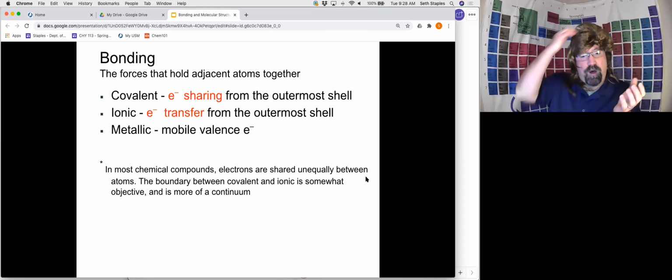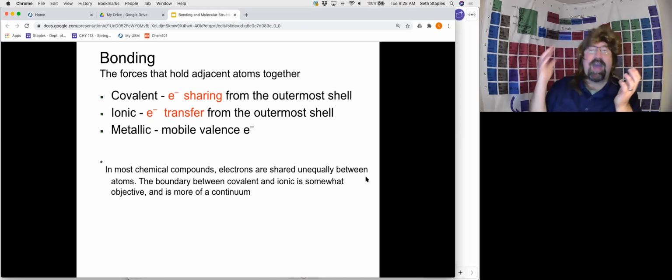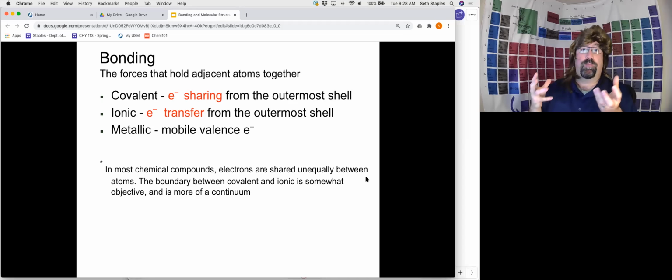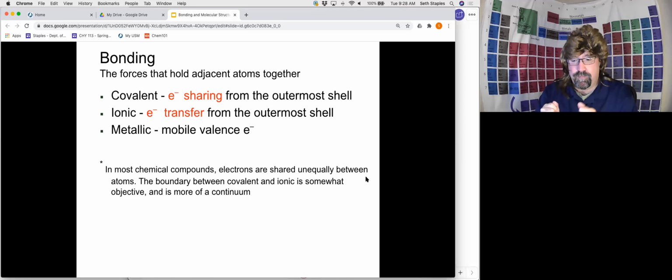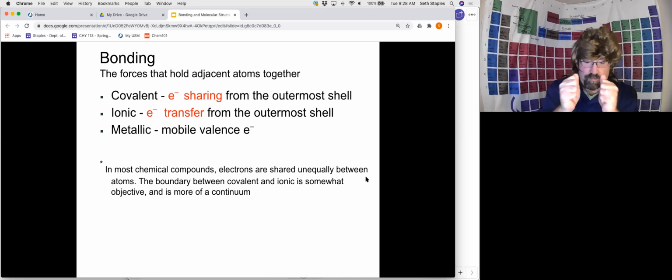We also have metallic bonding, which we're not really going to get into much in this course here. But with metallic bonding, for instance, if we're looking at a pure gold bar, fortunate enough to maybe have a nice big gold bar, the bonding between the gold atoms in there, really what sort of happens there is that the nuclei of the atoms are lined up, are sort of stacked up in there.